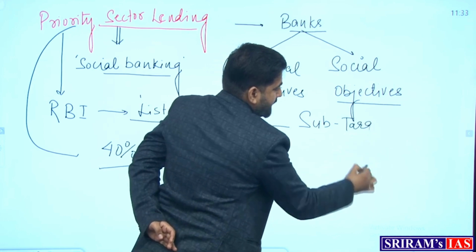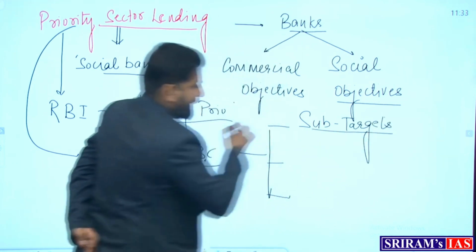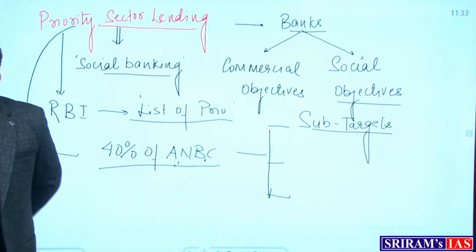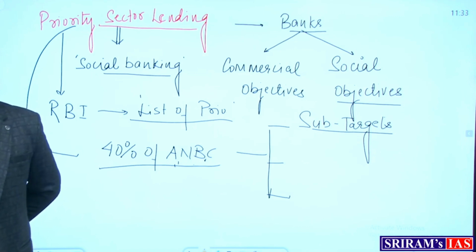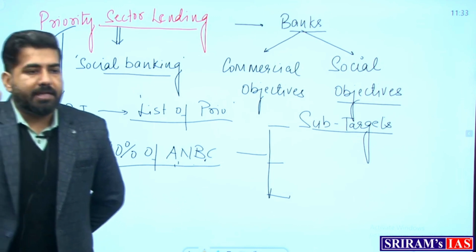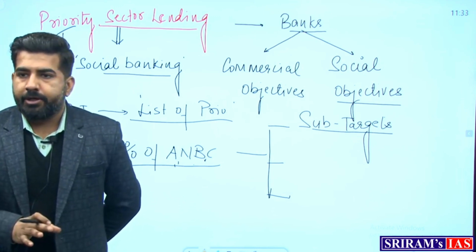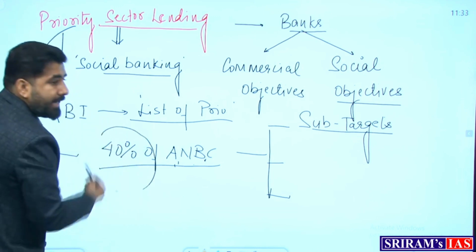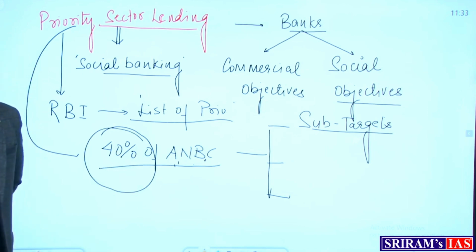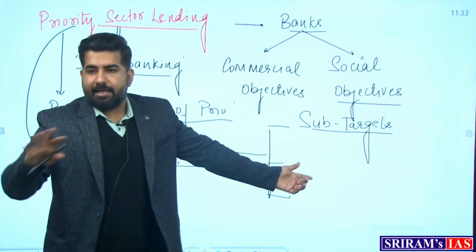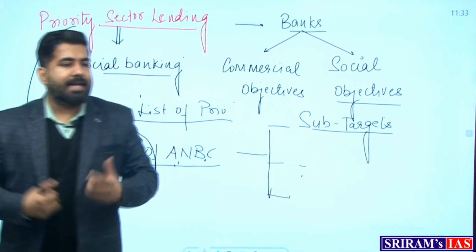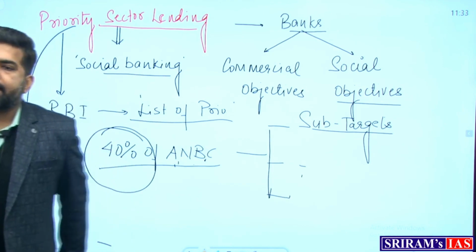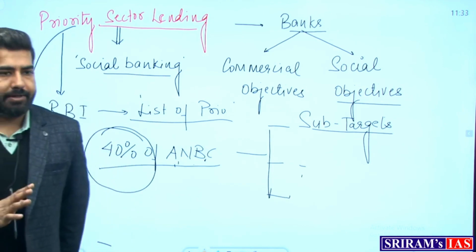Sub-targets means, guys, that for agriculture, a particular percentage should be going. For MSME, the bank should be giving this much. क्योंकि आप देखो list of the priority sector is too big ना, so there are also sub-targets which you need to remember. Suppose if the line comes that there are overall targets and sub-targets, you should be knowing that.